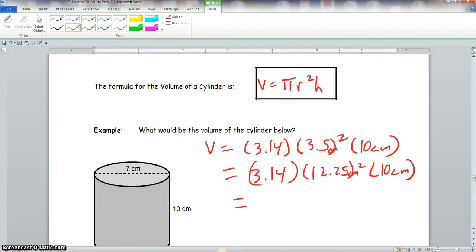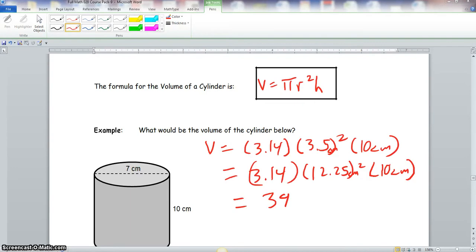So now we would take 3.14 times 12.25 times 10. And that gives us 39. No, that's incorrect.